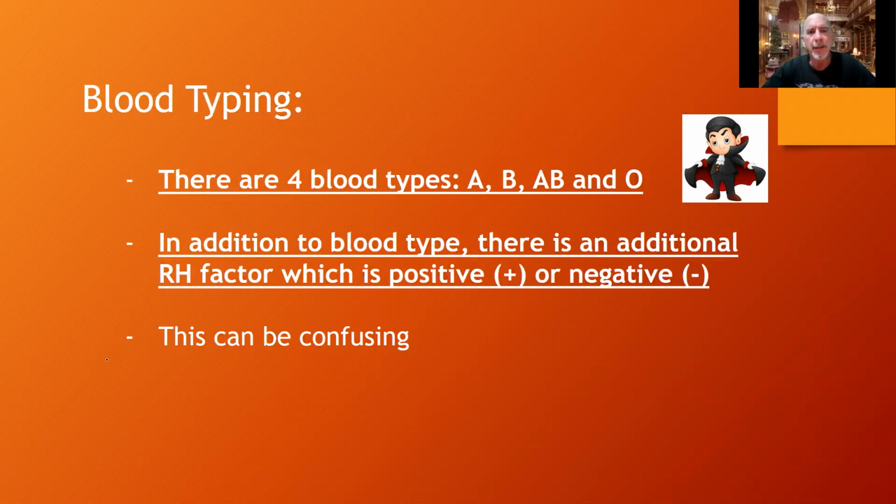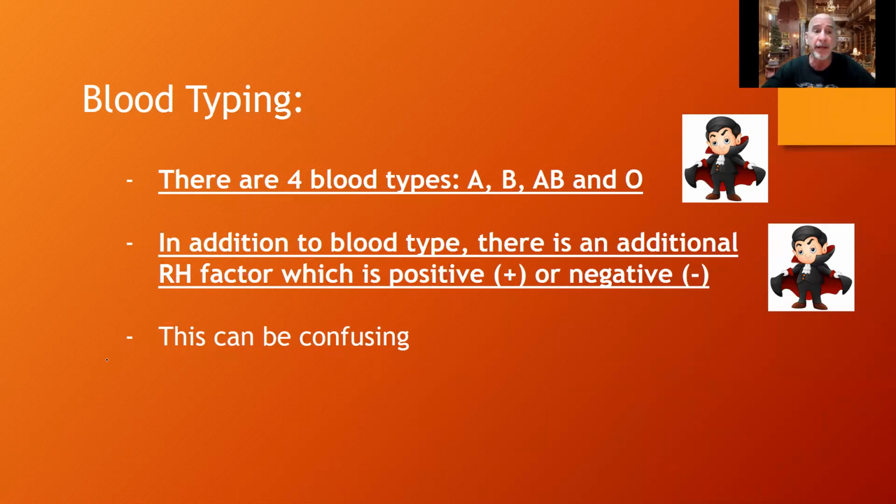But the basic rule there is you never mix the different types except for O, and we'll talk about that here in a second. There's also another thing to do with blood typing, and that's the Rh factor. The Rh factor, you either have it or you don't. If you have that Rh antibody on your blood, you are Rh positive.